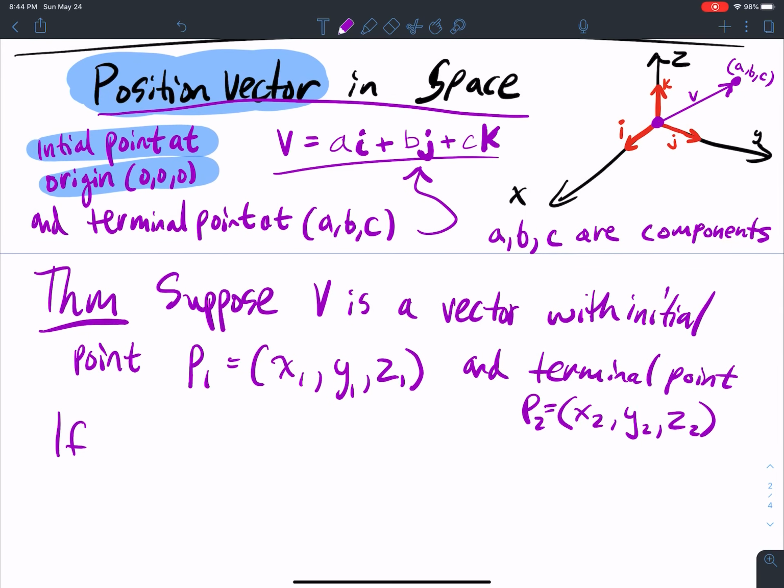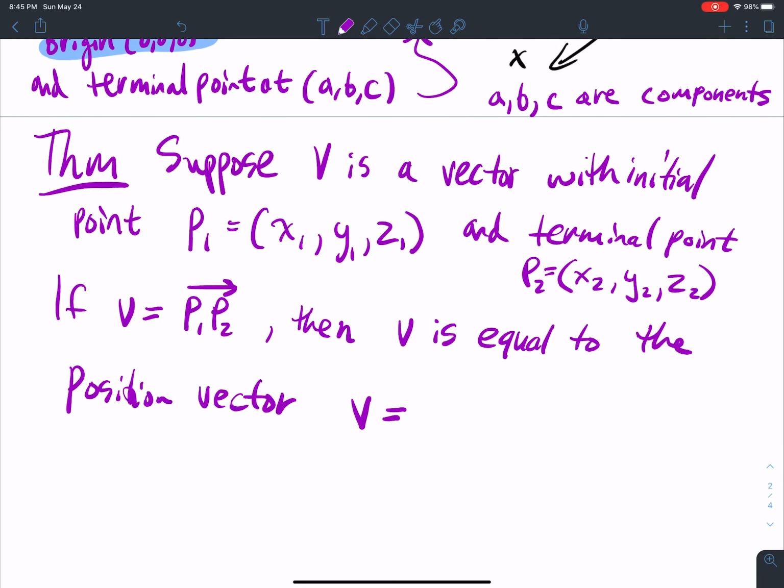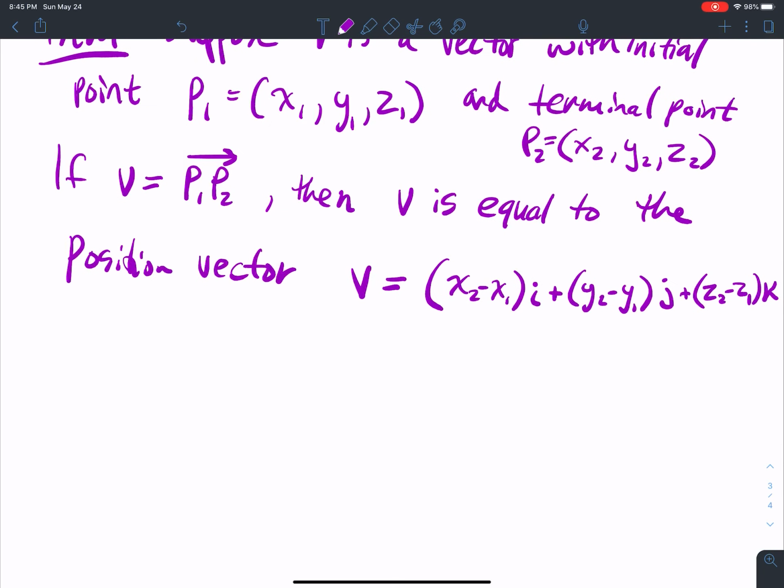If V equals the vector P1 to P2, then V is equal to the position vector. Well, how do I get the position vector? I just take (x2 minus x1) i, plus (y2 minus y1) j, plus (z2 minus z1) k. Okay? And that's all there is to it.